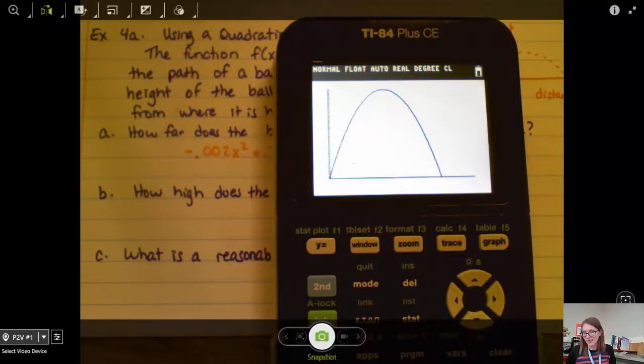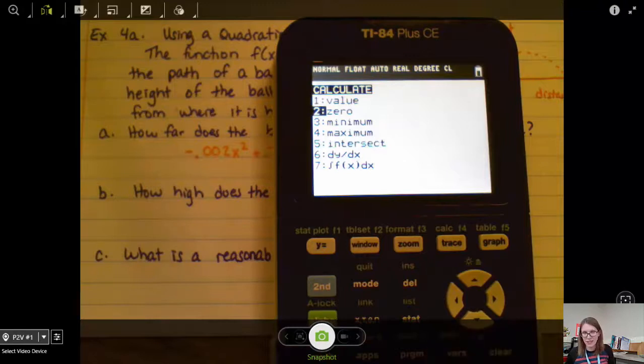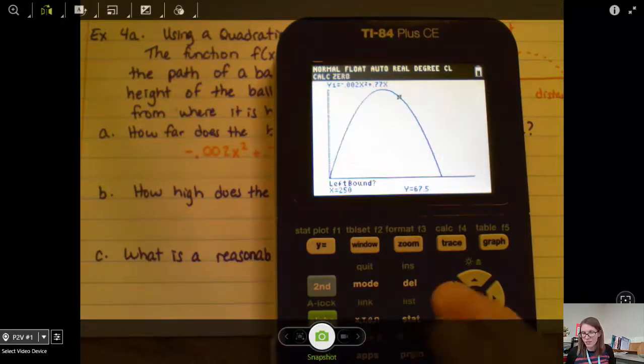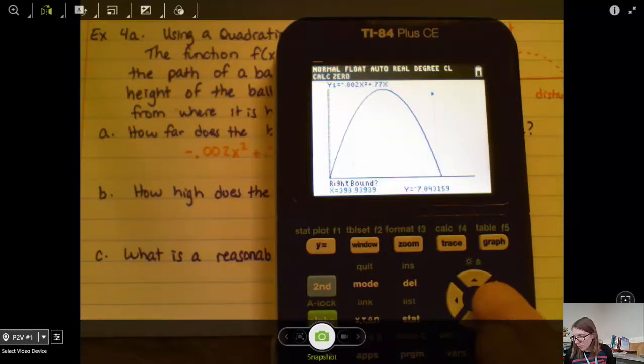Okay. Let's find my x-intercepts now. To find them, we go to second calc and 0. And I'm going to scroll a little ways. And actually, since my cursor is over here, I'm going to start with this x-intercept. I'm on the left side here. Left bound, enter. Right bound, I need to go a little bit farther.